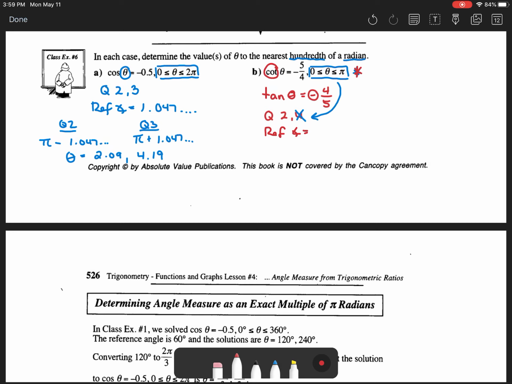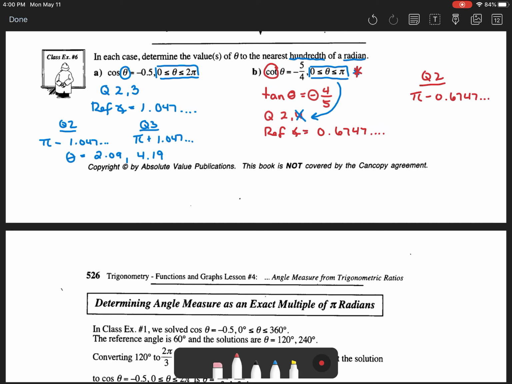So same steps, I'm going to find the reference angle now that I know I'm in quadrant 2. So I'm going to go second function tangent of 4 over 5, and you're going to get 0.6747, etc. Again, I will round at the end of the question. So I go into quadrant 2, and the expression in quadrant 2 is pi minus your reference angle.